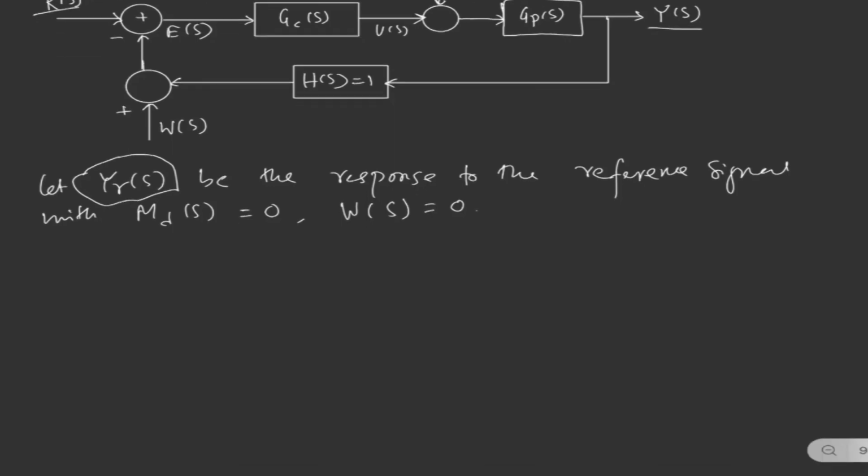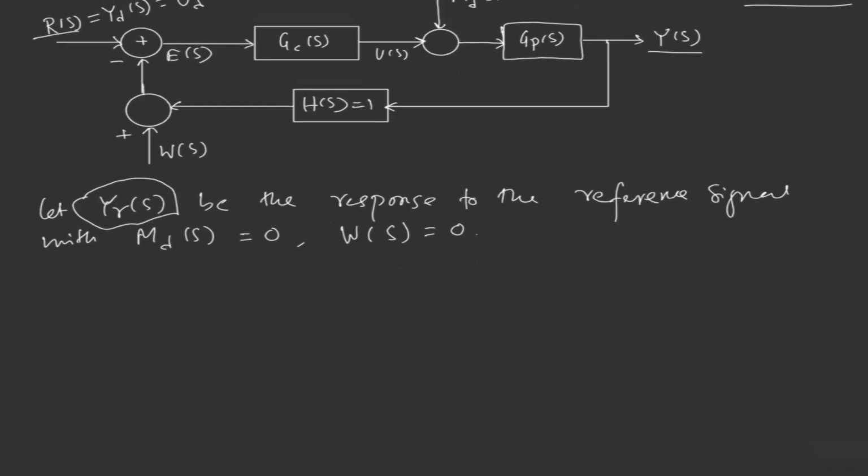And in this situation, our closed loop transfer function can be drawn as: this is the summing point, where we are having R of S as a reference signal, and here we have the controller block GC of S, and since we are not assuming the disturbance, the input is going to the controller.